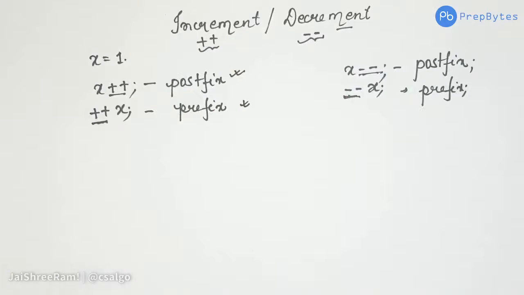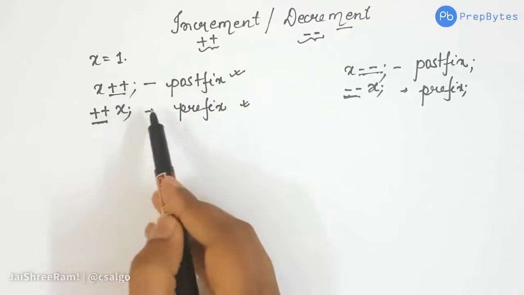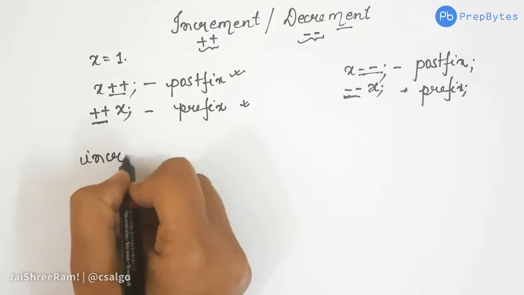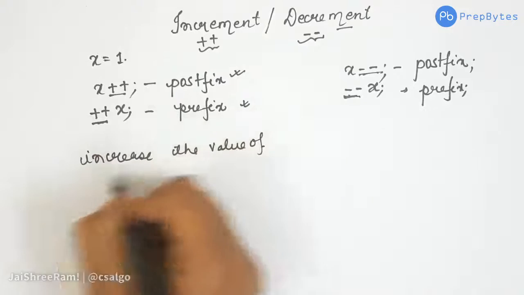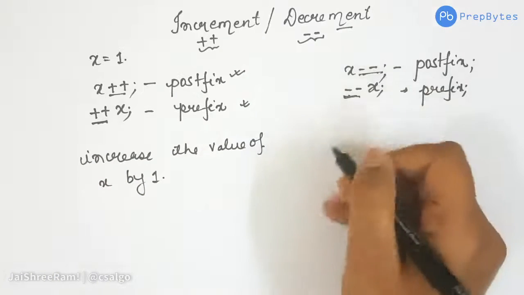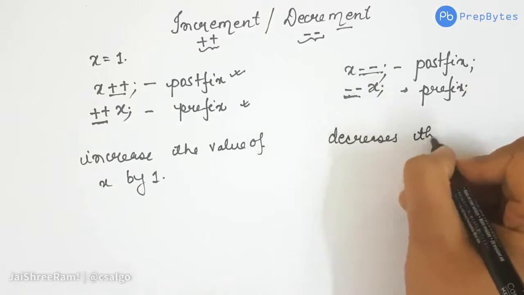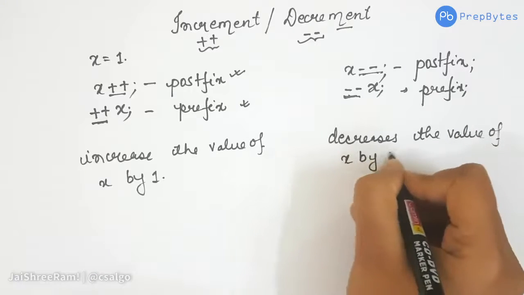Now let's first see what increment or decrement does. If you do x plus plus or plus plus x, in either case it increases the value of x by 1, and in case of decrement it decreases the value of x by 1.